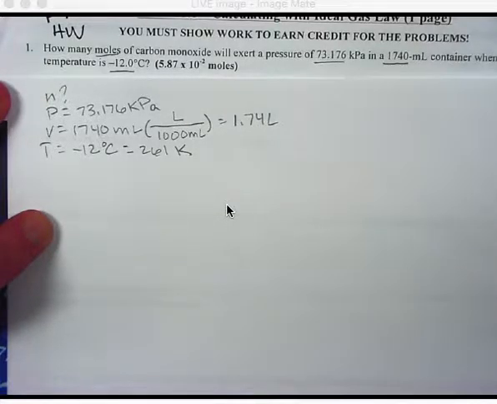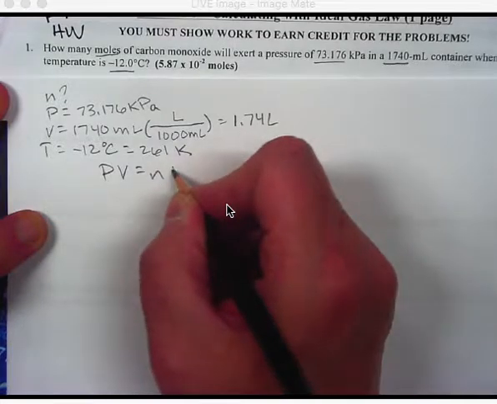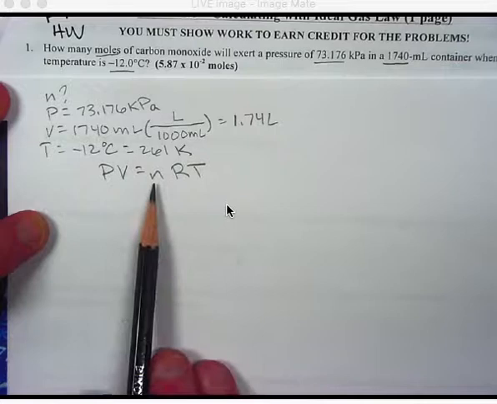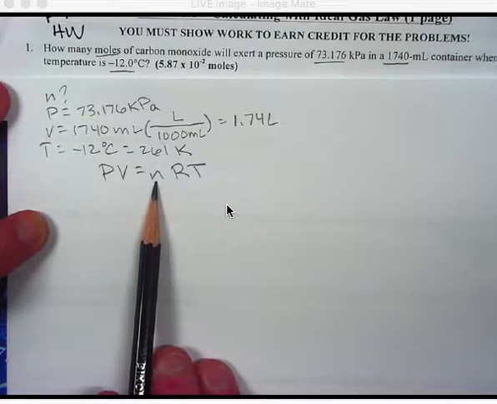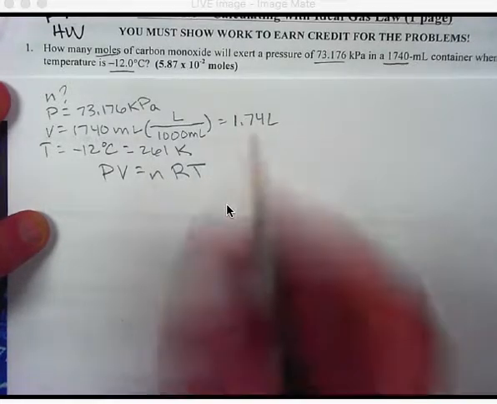So the equation we're using for the ideal gas law, PV equals nRT. In this case, we're trying to solve for N, number of moles. So you want to divide each side of the equation by whatever's next to N so that it cancels out.